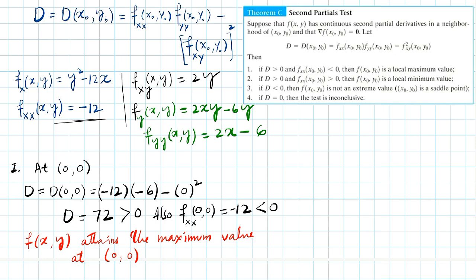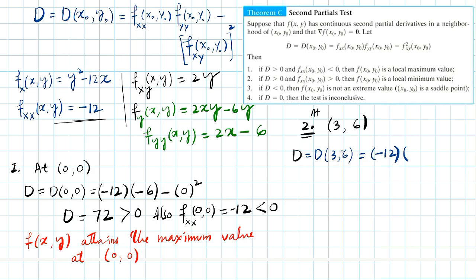So now we have to check at the second critical point, and the second critical point was 3 comma 6. Okay, so now here x naught is 3 and y naught is 6. So the discriminant D at 3 comma 6 is equal to, when we put 3 comma 6 into the double derivative with respect to x, that gives us again negative 12 because that is constant.